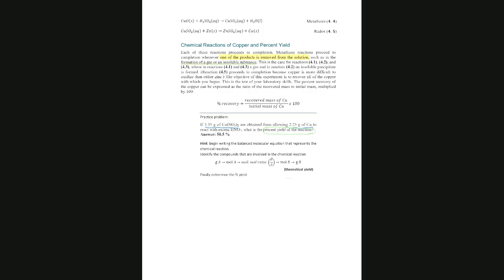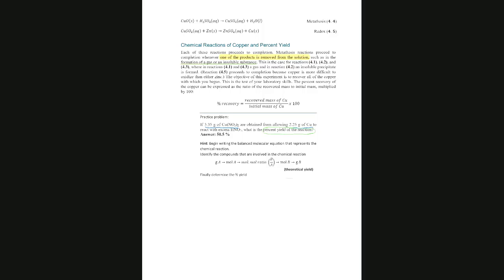In this case, they are telling you that you obtained 3.35 grams of copper nitrate. So it's the first reaction, and you want to know how much copper you lost in that reaction, the first one that we saw.